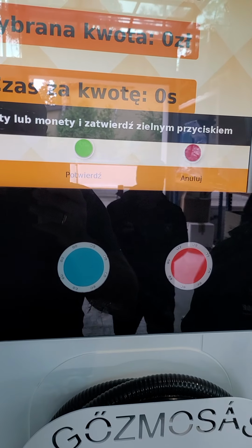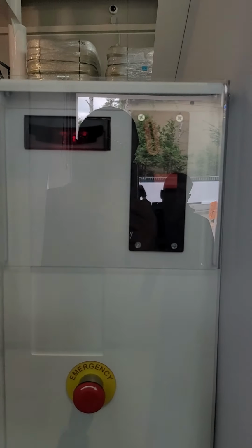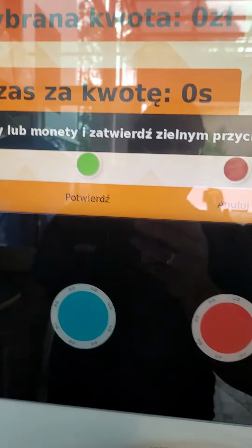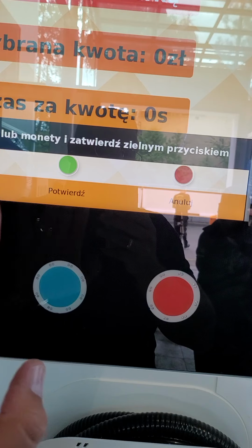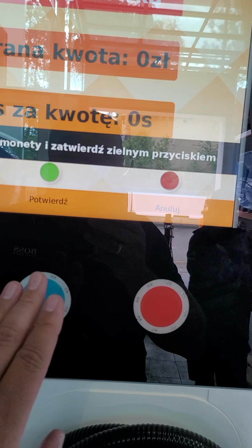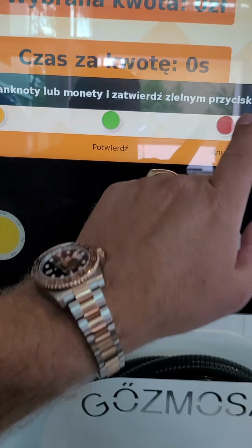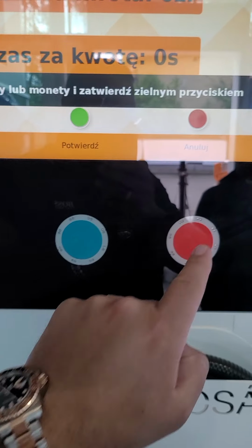Now what he did, he pressed the button, because this machine has only a banknote and coin acceptor. So there was only one option, which was payment by cash. If there is a credit card payment, there is going to be another option, credit card.